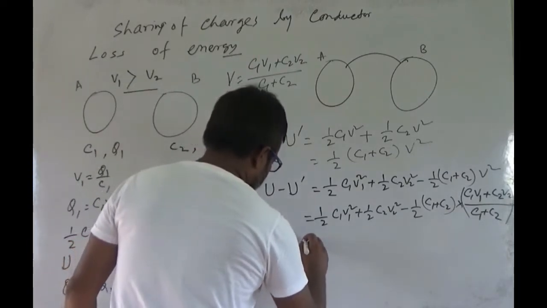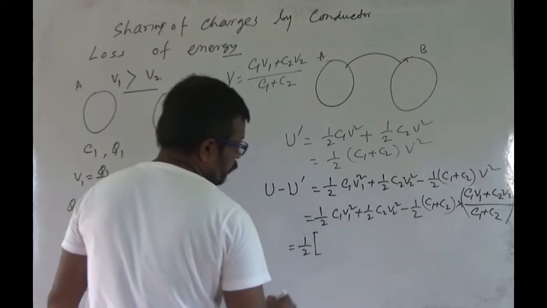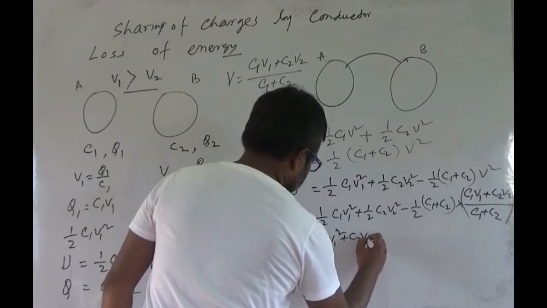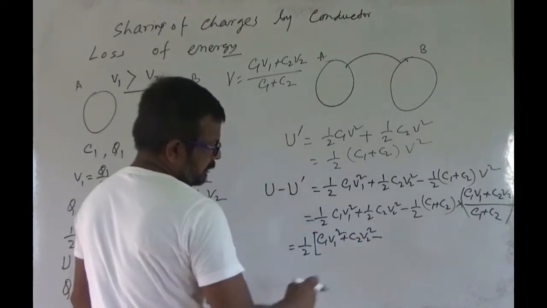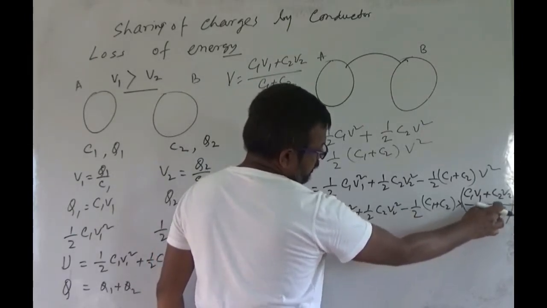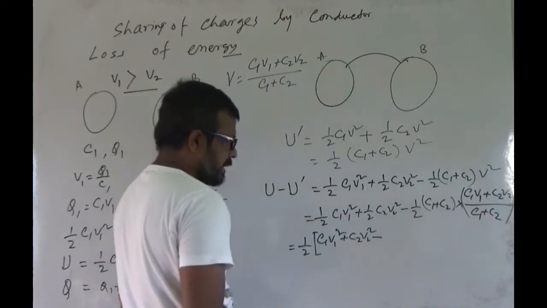Or from here you can write half, taking this as common. Then C1 V1 square plus C2 V2 square minus, here is one (C1 plus C2) and here is (C1 plus C2) square. Then one (C1 plus C2) will cancel out.